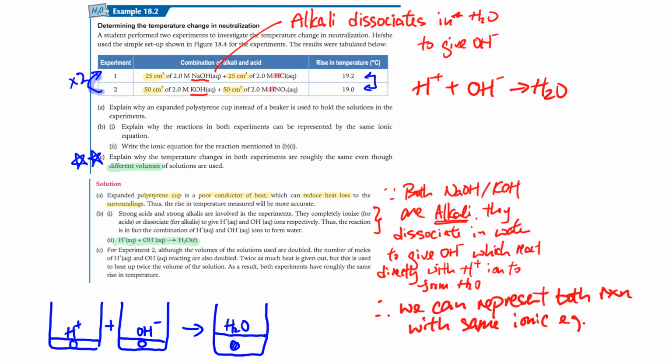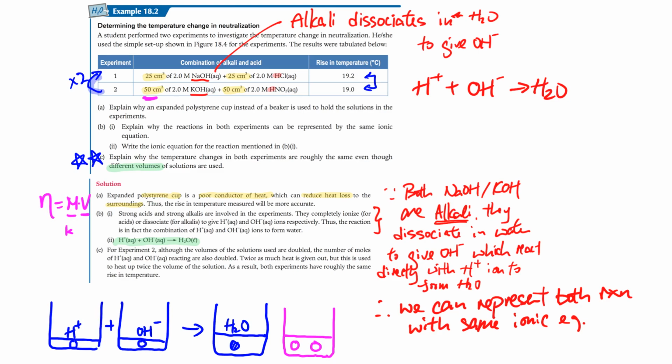But in experiment 2, the initial volume is already double at the beginning, because we have double the volume. If you use the equation, number of moles equals M times V. If volume is double and molarity is the same, then the number of moles should be double.